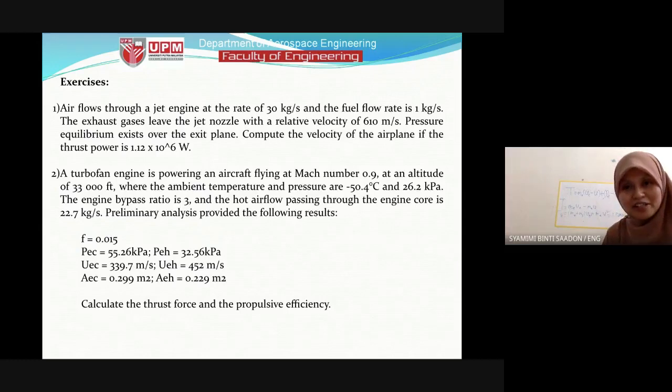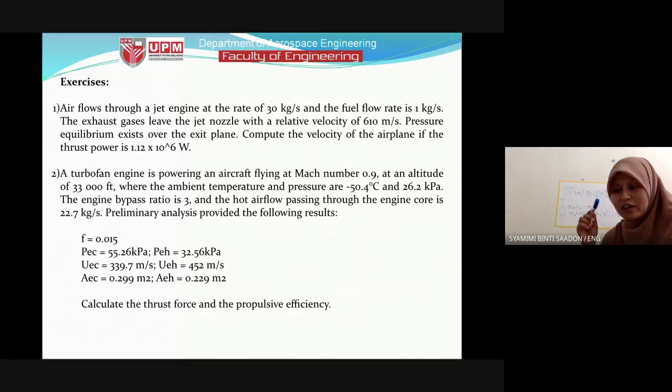Okay, so I will try to explain to the ones who maybe have not caught up yet. From the thrust force, because here we know the thrust power instead of force. The thrust force is in Newton. The general thrust equation is in Newton because it is a momentum equation, like Newton's second law. So we have to change from thrust force to thrust power.